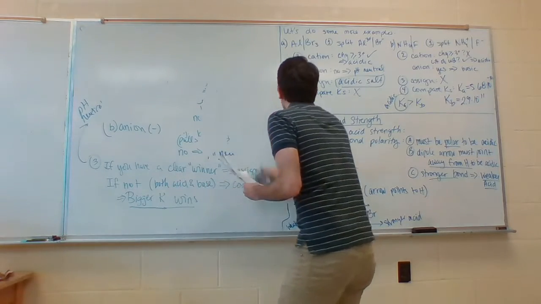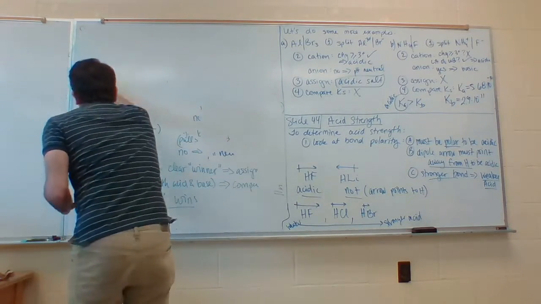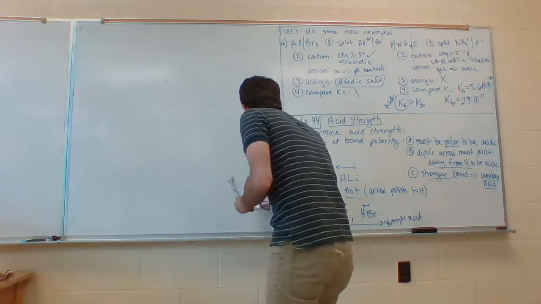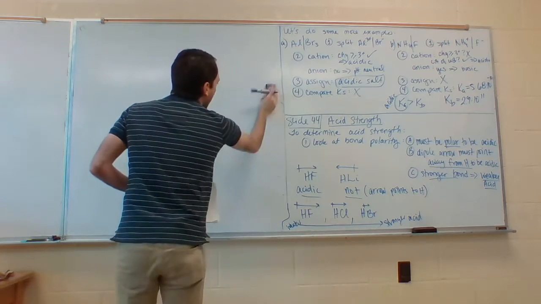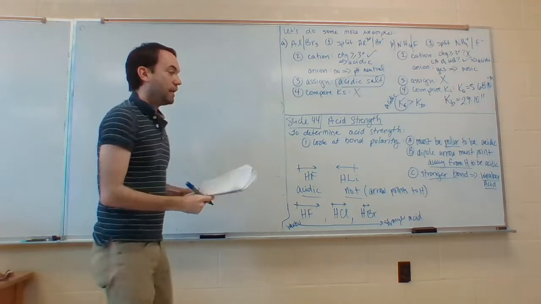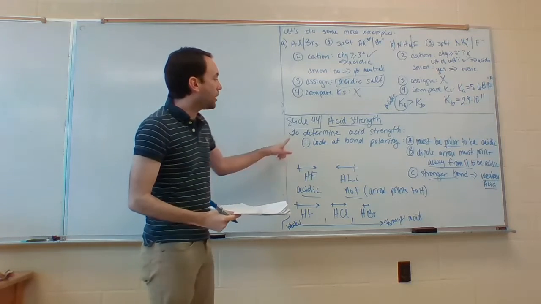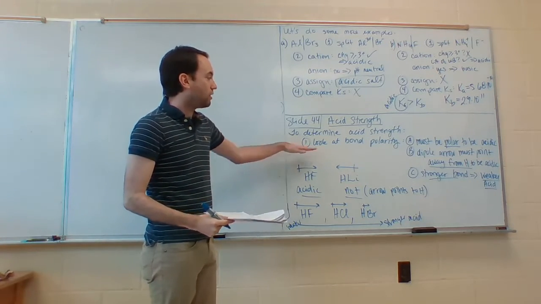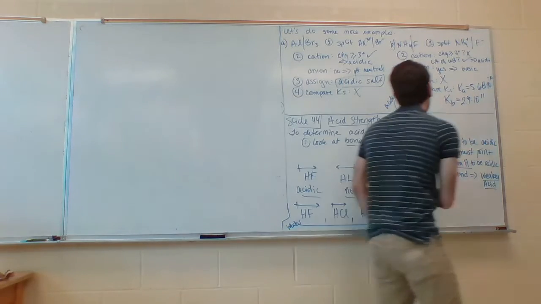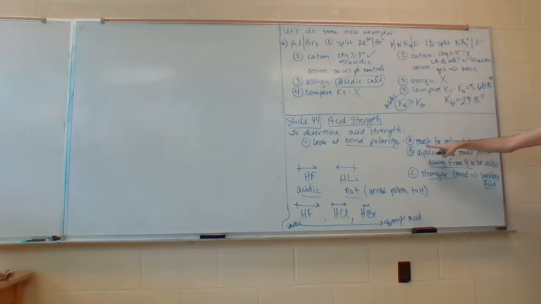Now, the next thing that I want to talk about is how we figure out acid strength just by looking at different properties of the acids in their molecular form. To determine our acid strength, the first thing to look at is bond polarity. It must be polar along the bond to be acidic.